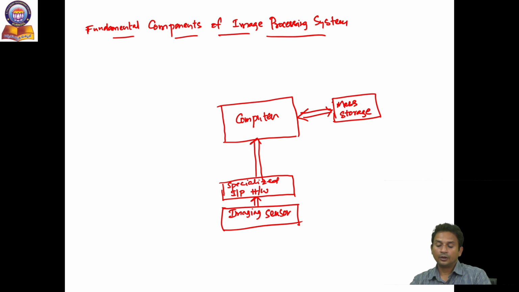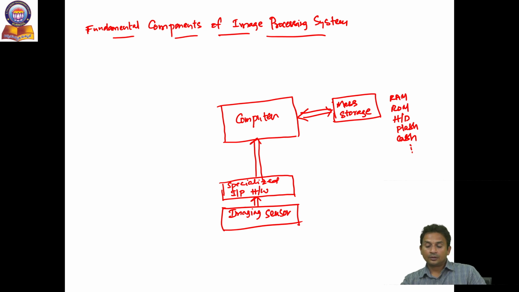So there will be a data connection between the storage and the computer, and you may know that computer memory takes different forms like RAM, read-only memory, hard disk, and even flash memory and cache memory, etc.